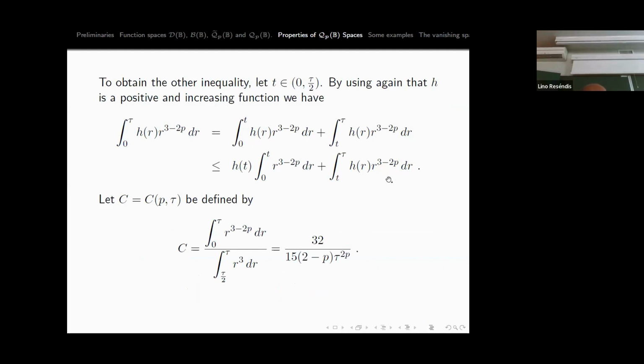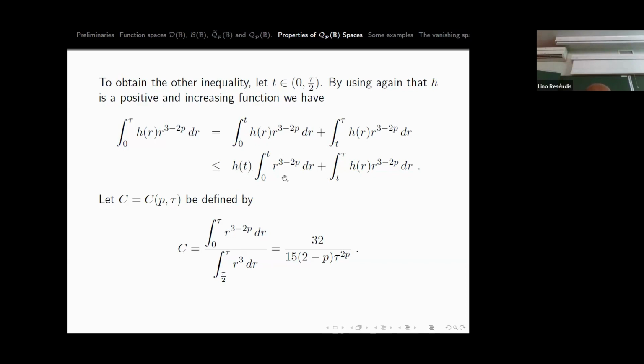Here we consider some point t between 0 and tau over 2. Then we divide this integral in these two integrals first. After, this is the key point, because h is an increasing function, we can take h out using the value h of t.